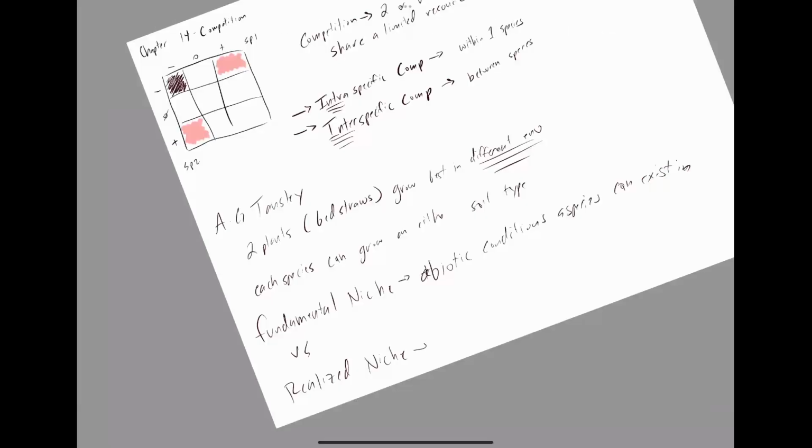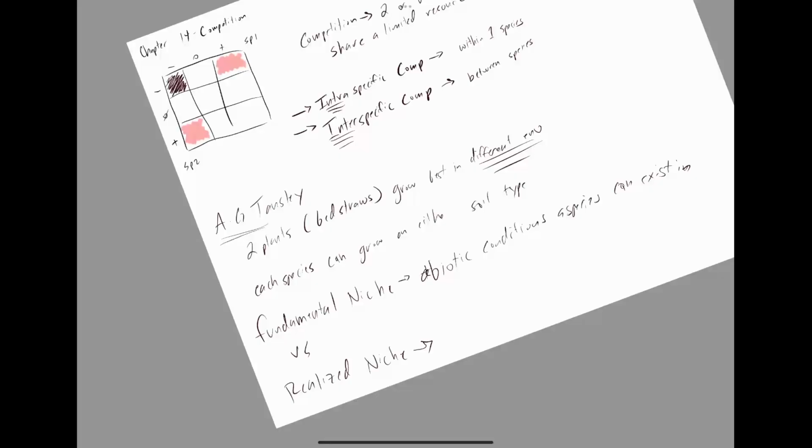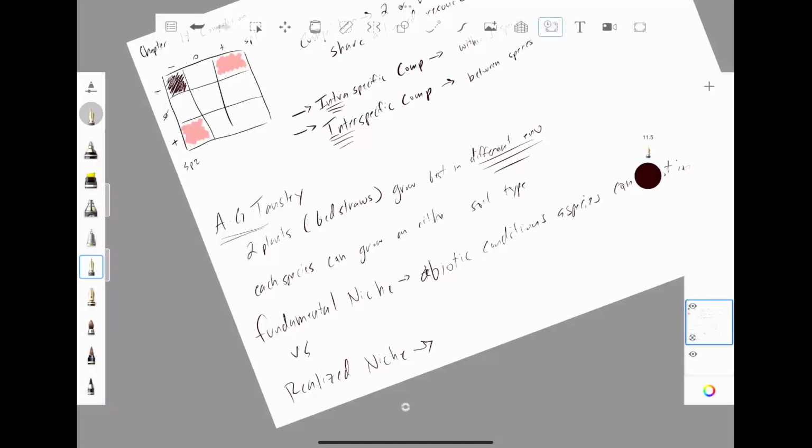Alternatively, the realized niche is where species grow in the real world after all of these other biotic interactions that are going on. For example, the competition between these two bedstraws, right? So this is the actual abiotic conditions a species exists in.